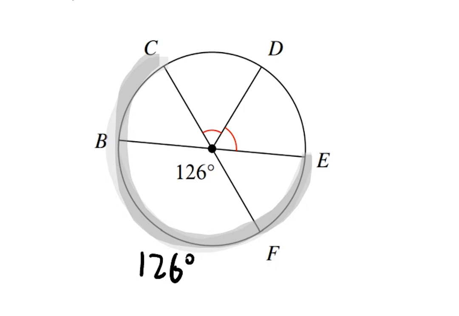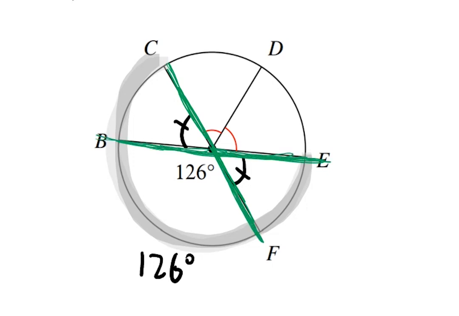Once again, we have vertical angles here. And oh, look, if you look at these two lines there, we know that these two angles across from the 126 degree angle are equal to each other.